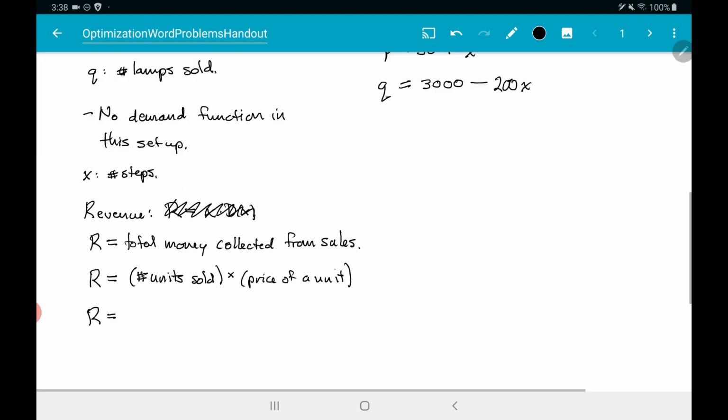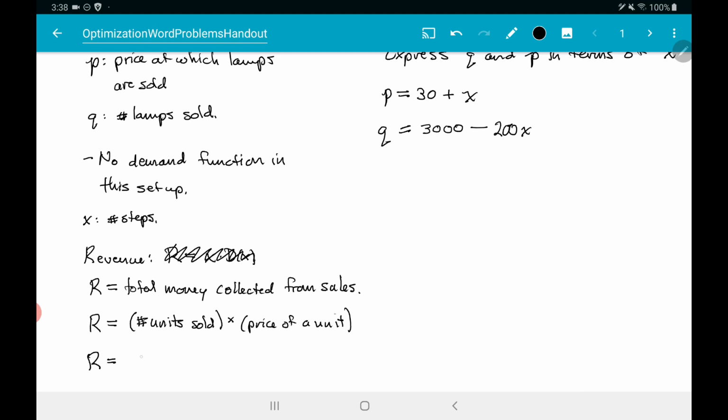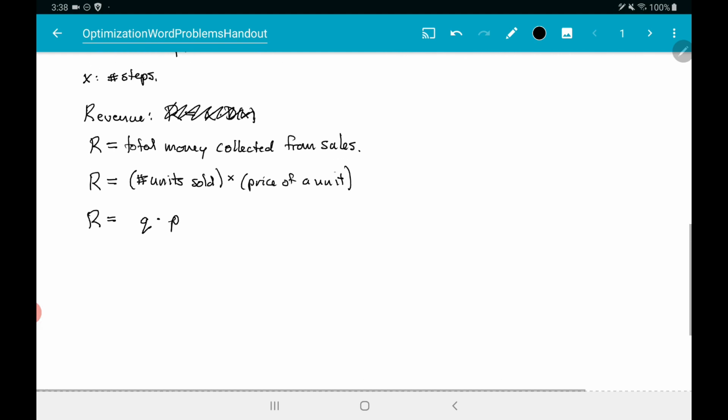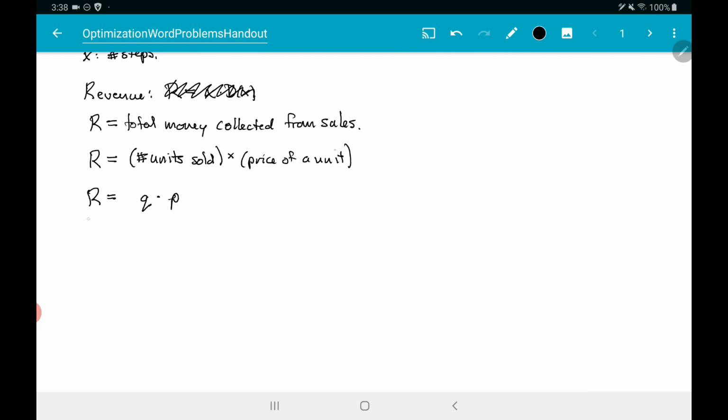In this setup, the number of units sold is Q, and the price of a unit is little p. So the revenue function that we're going to work with is little q times little p.